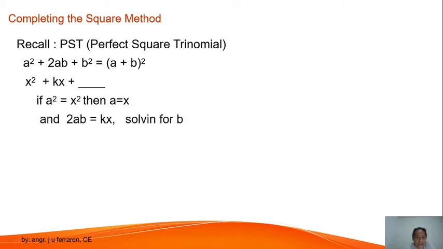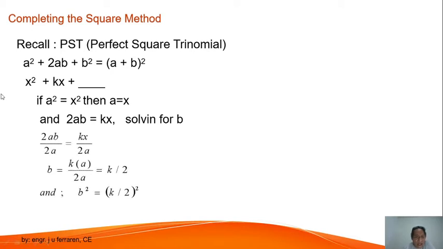In finding b, I have to divide both sides by 2a. This will give you b here. So there we have k, but where is my x? It is equal to a. If that is replaced with a, then the a is eliminated, and I have k over 2.